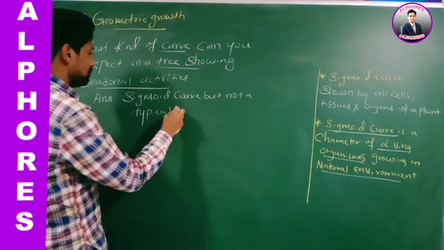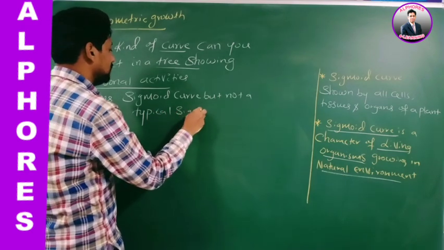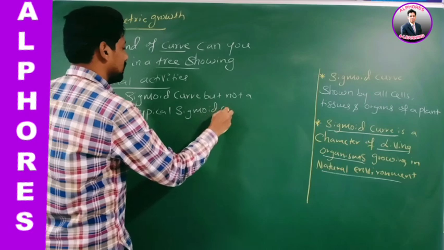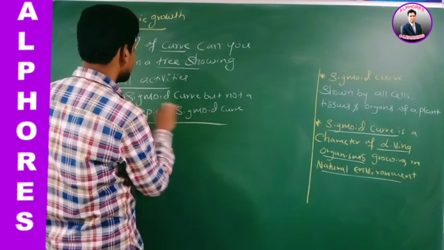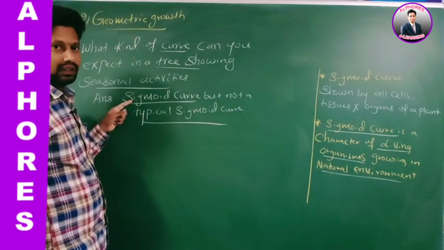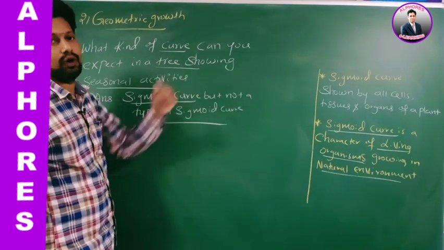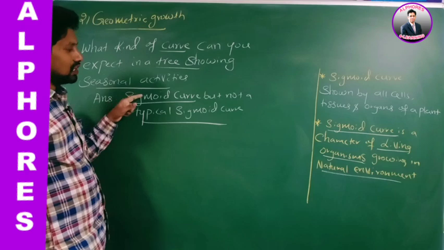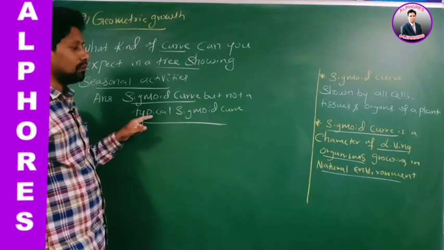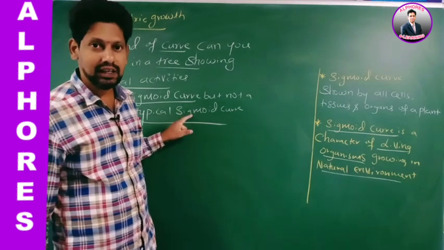It shows a sigmoid curve, no doubt, but is it the standard sigmoid curve shown by other organisms? No. Therefore it shows a sigmoid curve but not a typical one. Is it okay? Thank you.